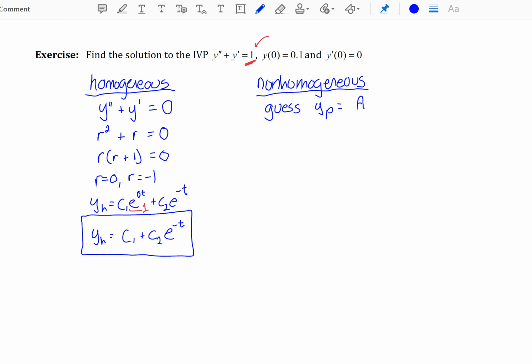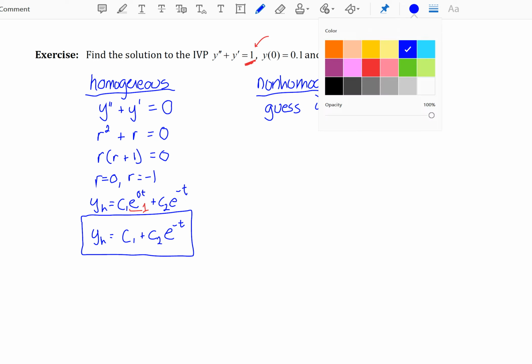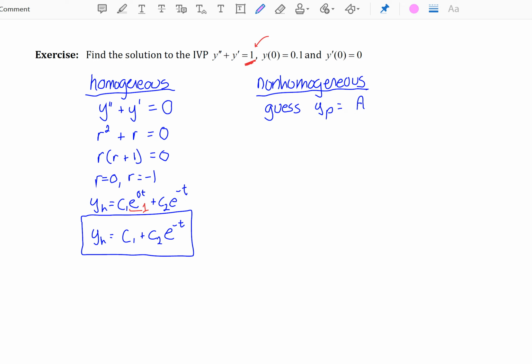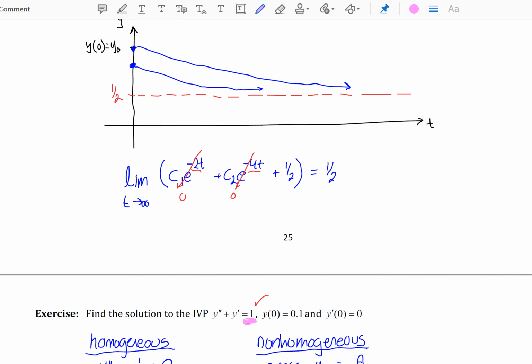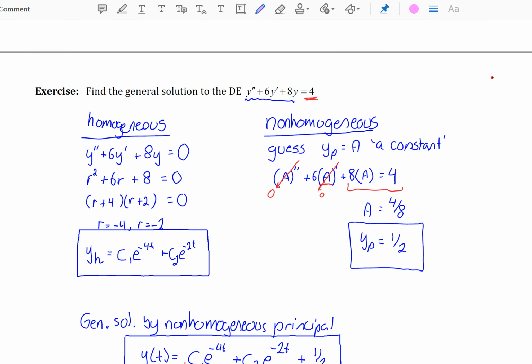Recall that if your non-homogeneous guess is ever a repetition of one of the parts of your homogeneous solution, we must multiply by a factor of t. Now, this is incredibly important, so I'm going to look back to our table so you can see that again.